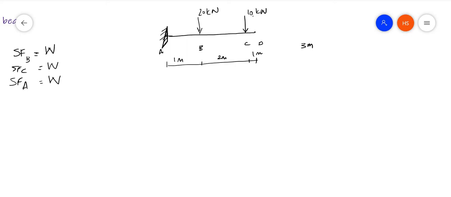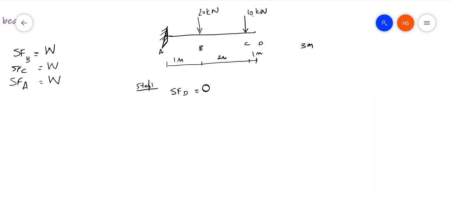Now the first step, step 1: you have to start from the free end. That will be easier. So from this end I am starting. First I am writing the shear force at D. So I am considering this section. What is the shear force? Is there any force here? No. The force is only at a distance of 1 meter. So the shear force at D is equal to 0.